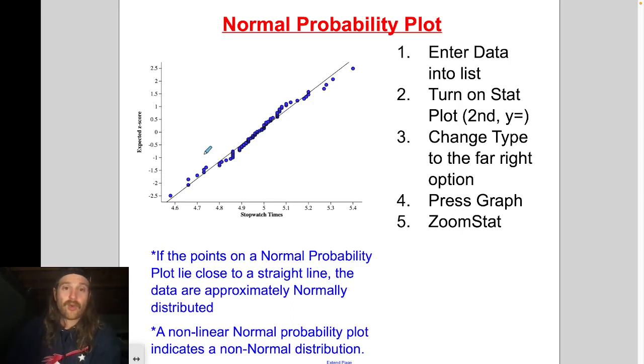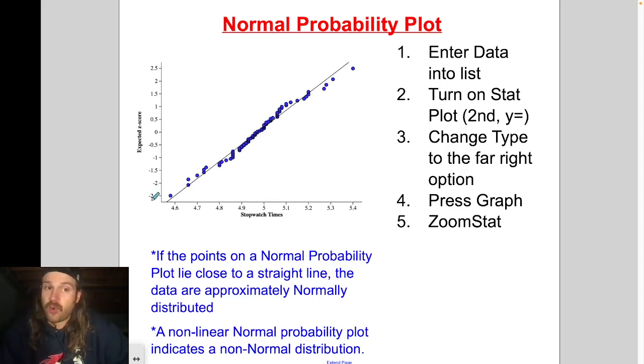So what it does is it creates a graph, and we list all the points in order. The x value of each point is the observed measurement, and then the y value of each point is, in a perfect world, if these 100 data points were perfectly normally distributed, the z-scores we should expect to see.